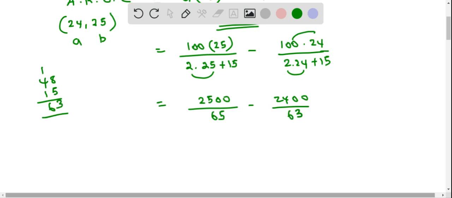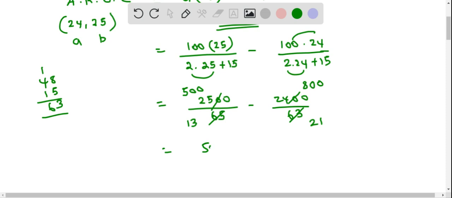Now let's simplify both fractions and then we can do the subtraction. The first fraction, we can divide both numerator and denominator by 5, and when we do that we get 500 over 13. For the second fraction, I'm going to divide by 3. So 2400 divided by 3 is 800, and 63 divided by 3 is 21.